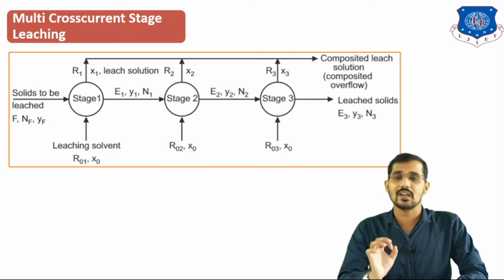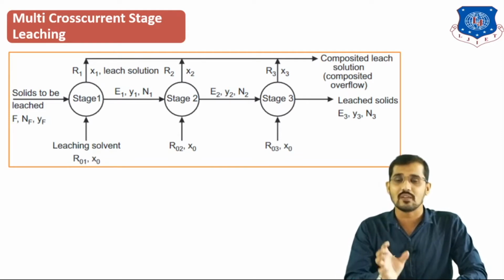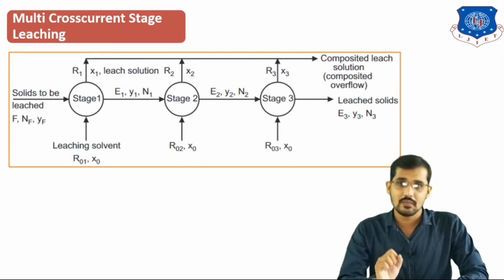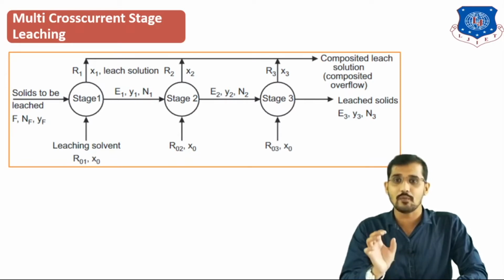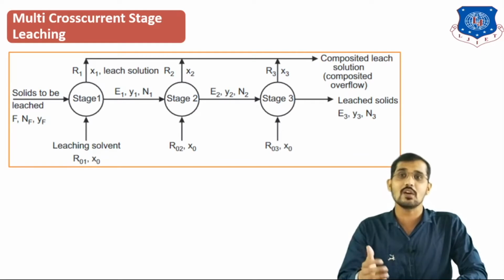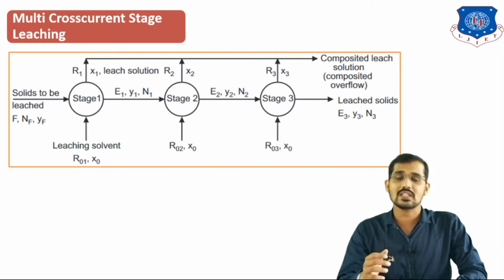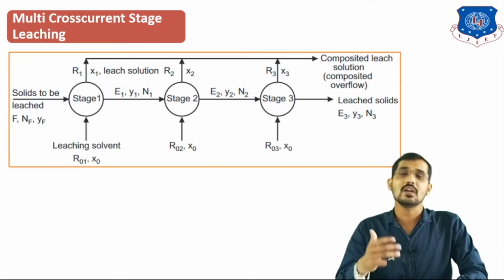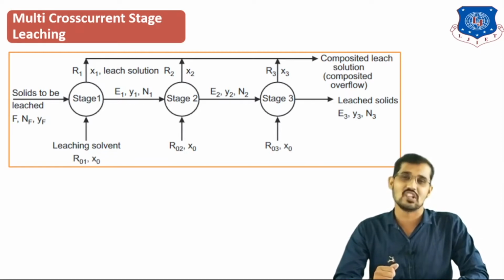The beauty of this multi-cross current stage leaching is that we are using fresh solvent for every stage. So I can say we can increase the efficiency of the leaching by using multi-stage leaching.